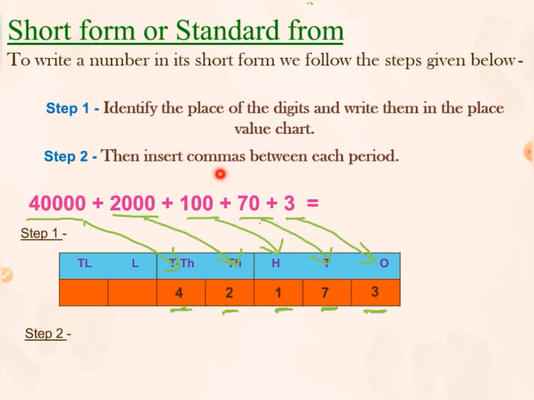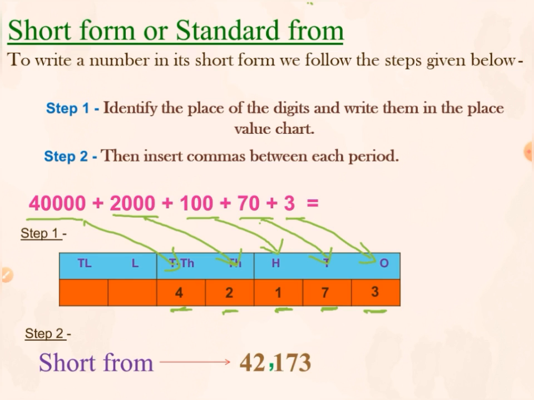Okay children, so we have got the digits of our number, and we'll write them and put the commas in between. So what number we have obtained here? Our number is 42,173. So 42 belongs to thousands period, so in between we'll put the comma and then it will be 173.